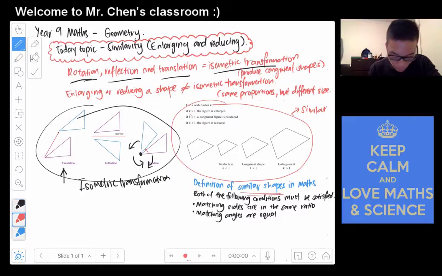So the two conditions that you have to follow in order to have two similar shapes are that the matching sides are in the same ratio and the matching angles are equal. I'm going to explain that right now.